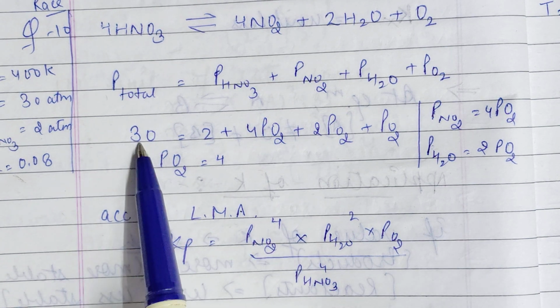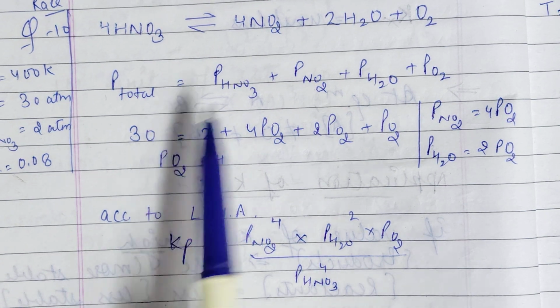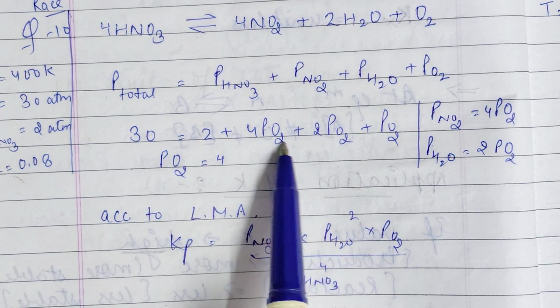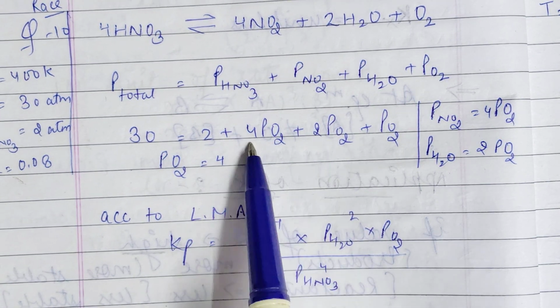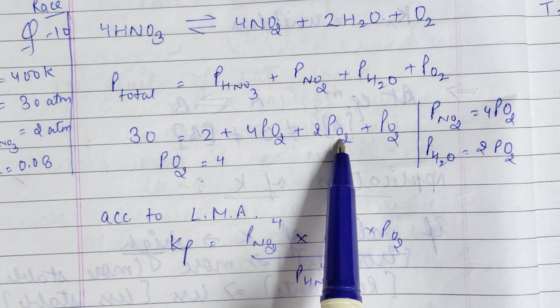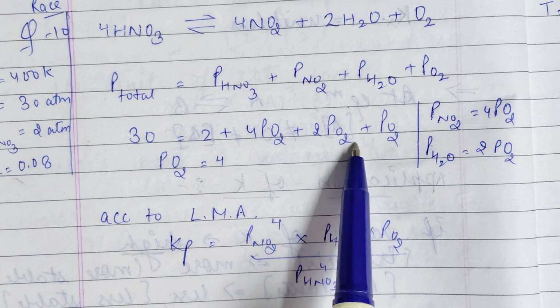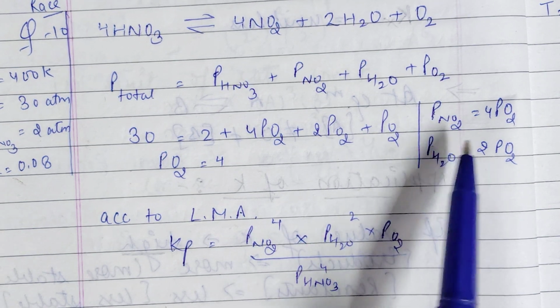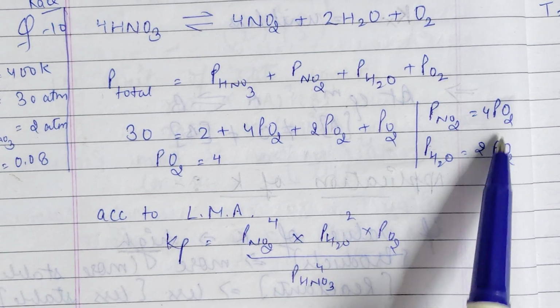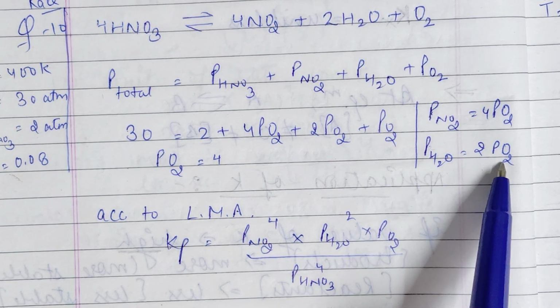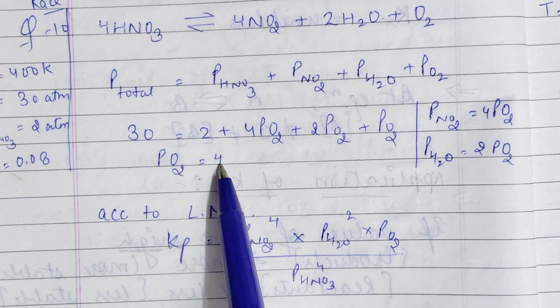So we replace the value. P total is 30, PHNO3 is 2, plus PO2, and here PNO2 equals 4PO2, and PH2O equals 2PO2. So PO2 we get 4.